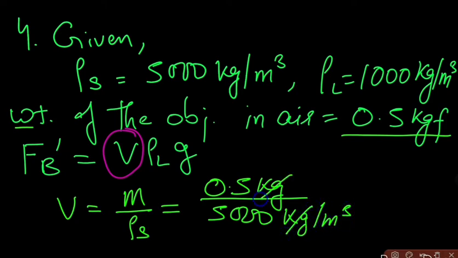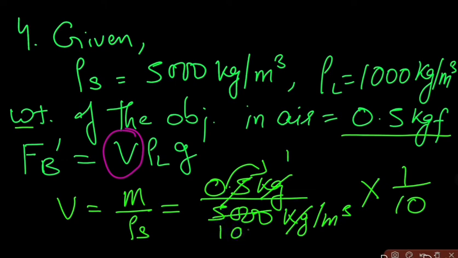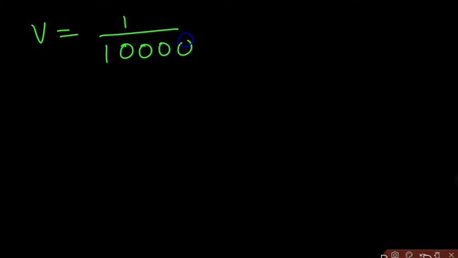Now this kilogram gets cancelled, decimal becomes multiplied by 1 upon 10, and then further cancelling it, we shall get 1000 here. Hence the ultimate value of V becomes 1 upon 10,000 meter cube.